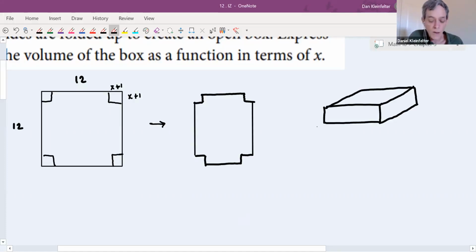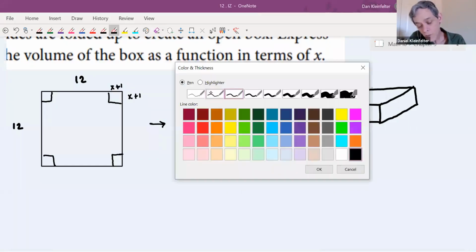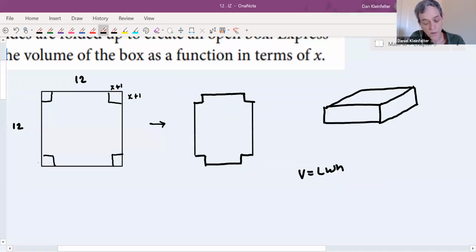All right, so what we need to know is for the volume of a box, its volume is length times width times height. And so we need to know the length, width, and height of this finished box. So if the original dimensions were 12 and we're taking an x plus 1 out of each corner, then the width of the finished product will be 12 minus 2 x plus 1s.